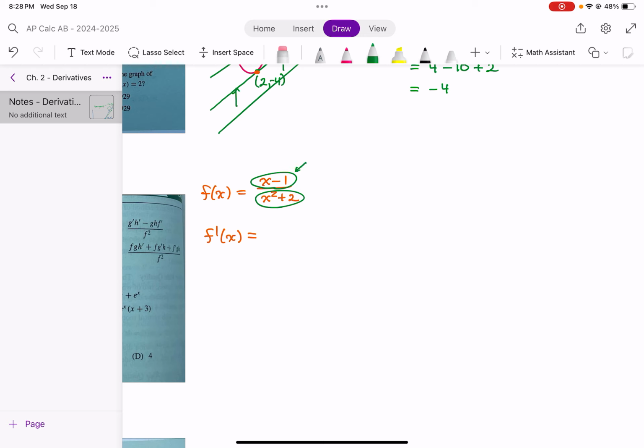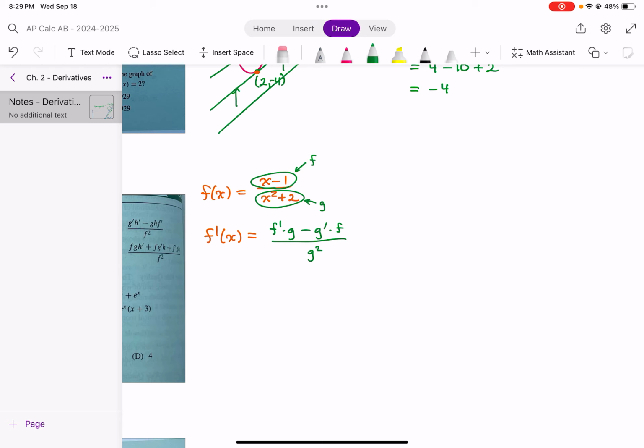This is typically what we call f, although that's kind of confusing because we have f here, but I'll just keep it. And we typically call this g. Remember, the quotient rule would be the derivative of the top, or the first, times the second, minus the derivative of the second times the first, divided by the second squared.